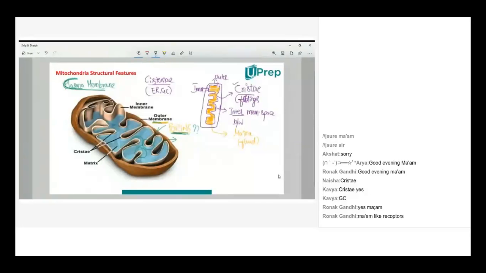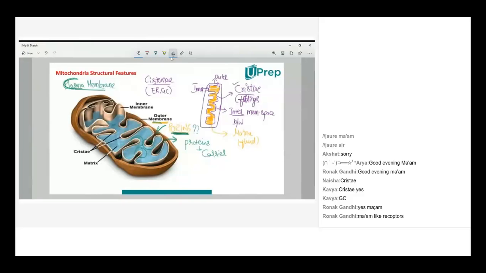This inflow and outflow of various molecules into and out of the mitochondria happens with the help of structures called porins. Porins are nothing but proteins which act as carriers. Carrier basically means carrying molecules into the mitochondria and carrying molecules out of the mitochondria.